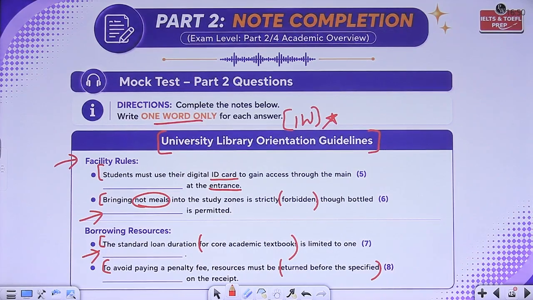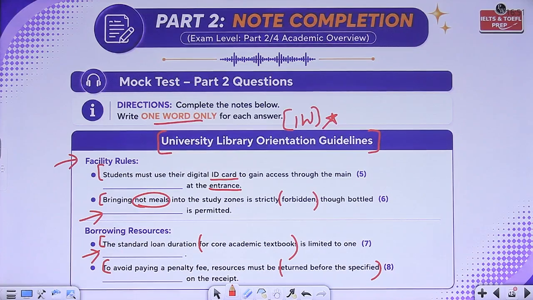Now, turning to our borrowing policies. While digital journals can be accessed online at any time, physical textbooks have strict borrowing limits. Standard academic texts may only be checked out for a maximum period of 1 week due to high student demand. If you require an extension, you must submit a renewal request online.